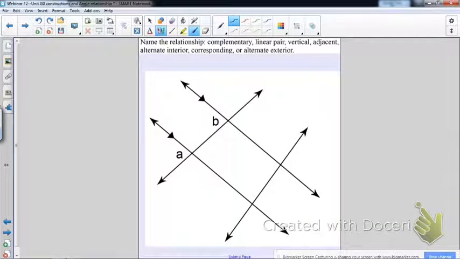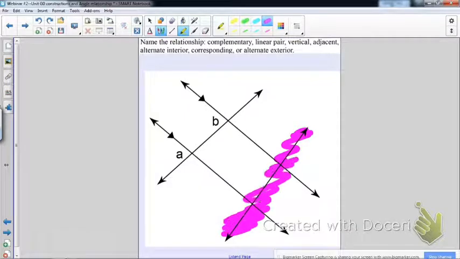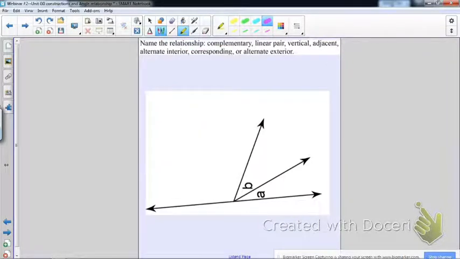If we have the same scenario here where we're going to take away one of these lines, we'll take away this one because it doesn't give us any information. But we notice that we have B and we have A, they're on the same side. One is in the inside, one is in the outside. We have corresponding angles, right? And the last one here that we see, we have adjacent angles to one another.